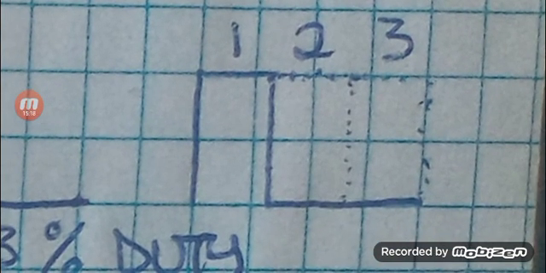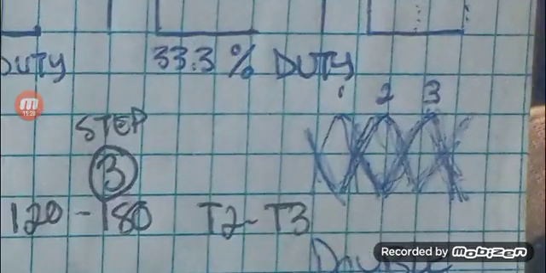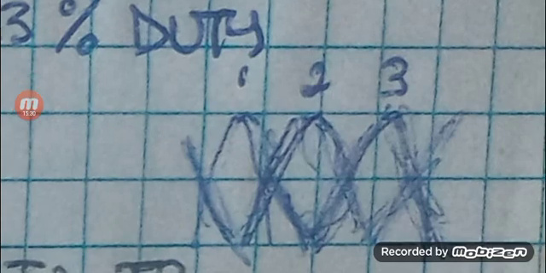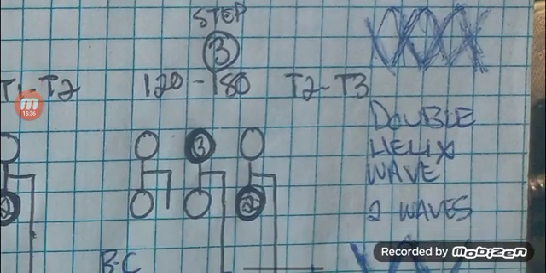So you would have your 1, 2, 3 phases all in one complete rotation. And it makes a waveform that looks similar to that on the scope. It's a double helix.